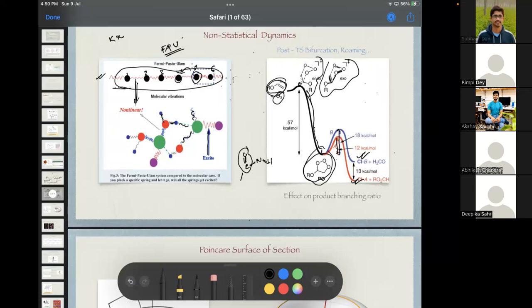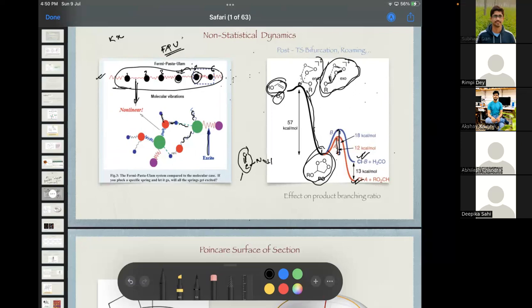intermediate form, right? So sometimes it can happen that the energy transfer is happening very fast. Let's say energy transfer in this transition state complex is very fast. Then that means the transition state complex is thermalizing. Thermalizing very fast means the energy transfer is happening instantaneously.